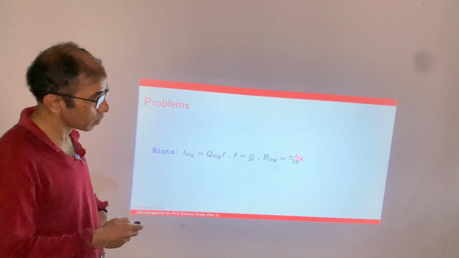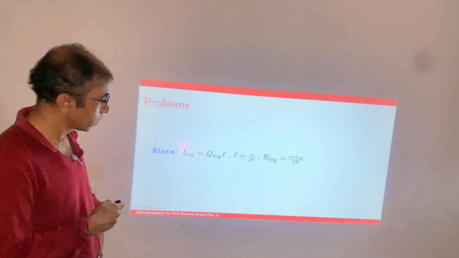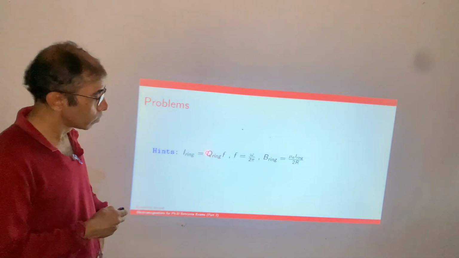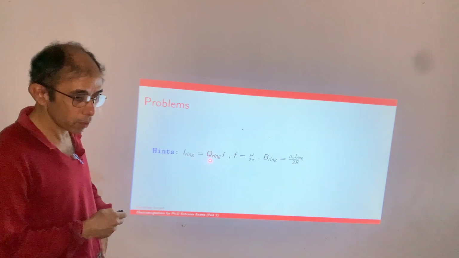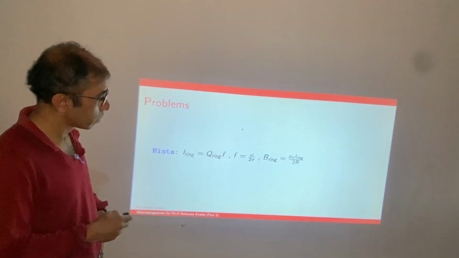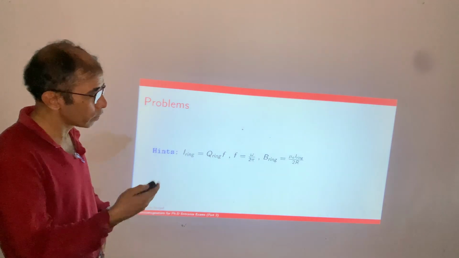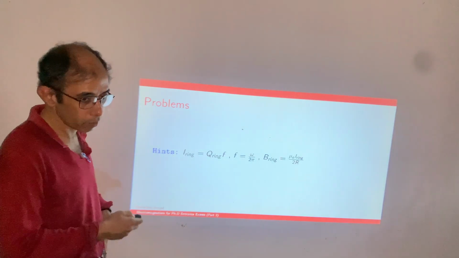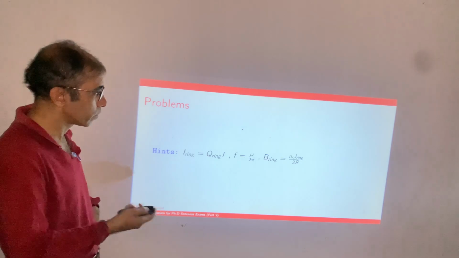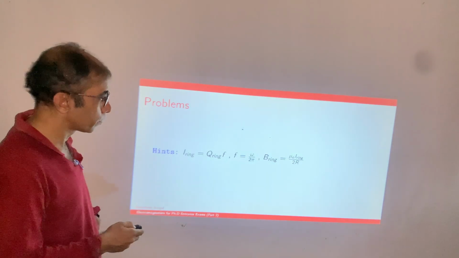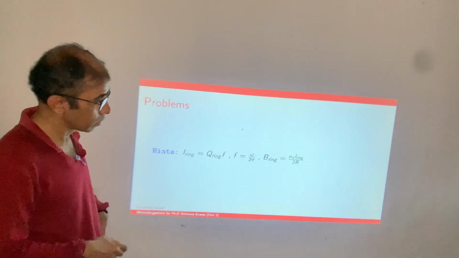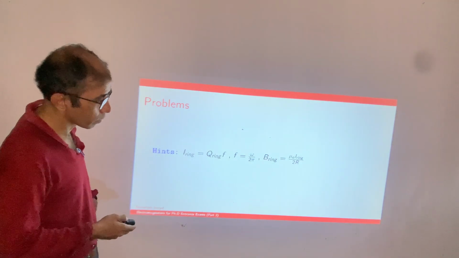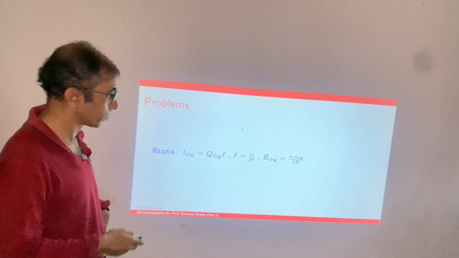In that case, dI will be 2 pi r dr times sigma, and then you have to integrate over r from 0 to capital R. This is straightforward, and then you will get the B due to the disk, and then you compare B disk and B ring.